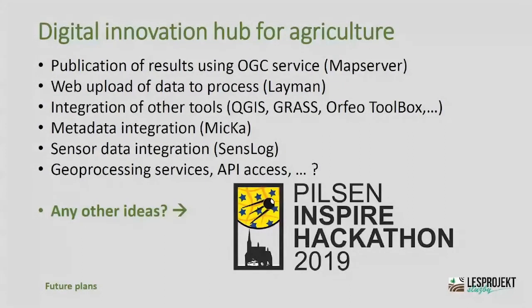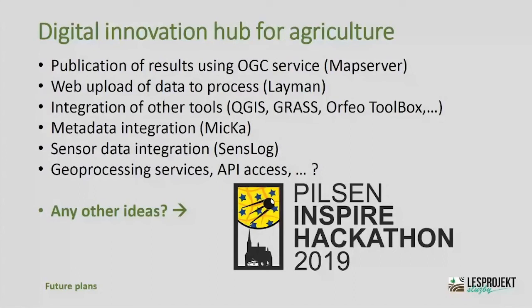It's built on top of the GeoServer API, and it enables uploading data to the server without needing access to it, again using REST API. There are many opportunities and ideas on integration of other tools like QGIS, GRASS, Airflow, Toolbox, and many others, SAGA maybe, whatever. We are also planning to integrate metadata with our Micka catalog.